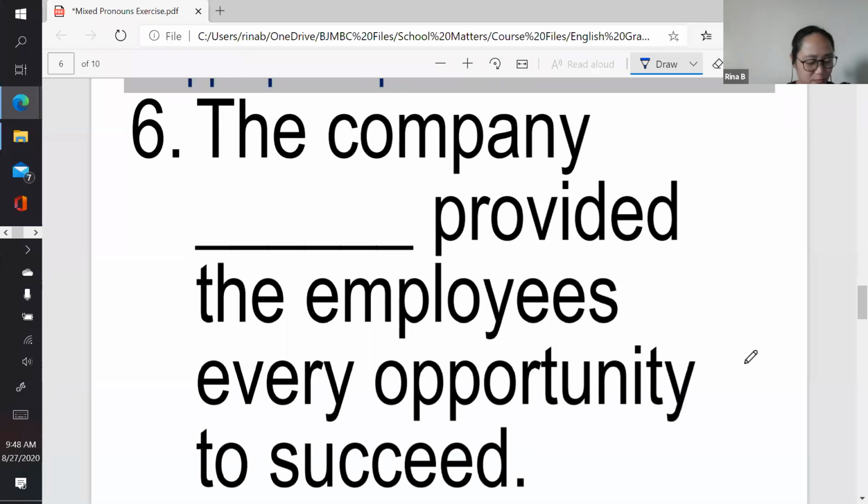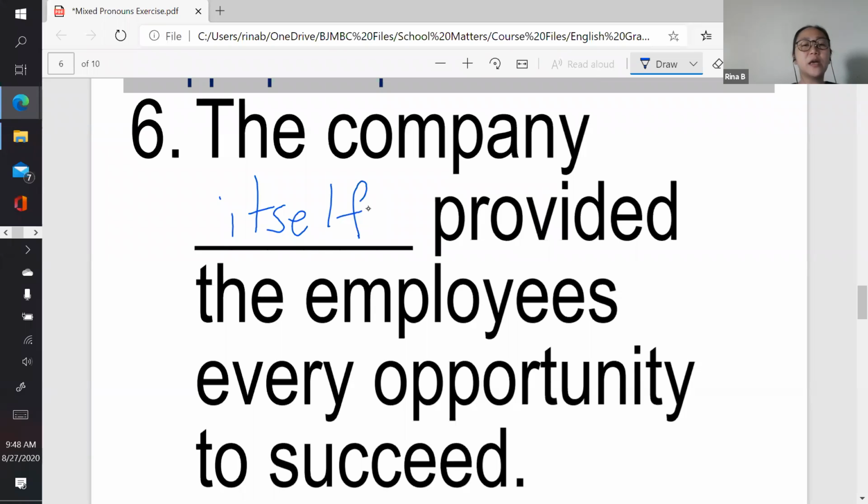This is similar to a number that we already answered a while ago, but let's see. The company itself. Antecedent is singular, so you use a singular pronoun. And what kind of pronoun is this?